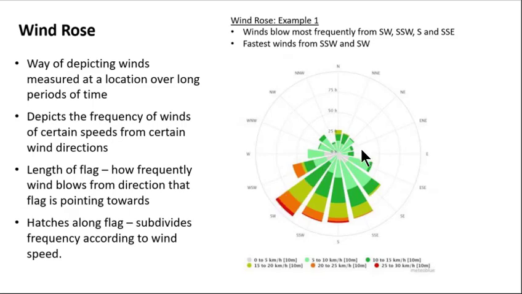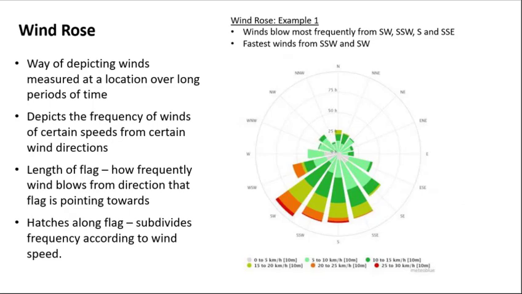The flag in this case radiates beyond the concentric circle, referring to 75 hours, meaning that for more than 75 hours, the wind is from the southwest. Contrarily, one can see that winds from the north, northeast, and northwest are much less frequent.